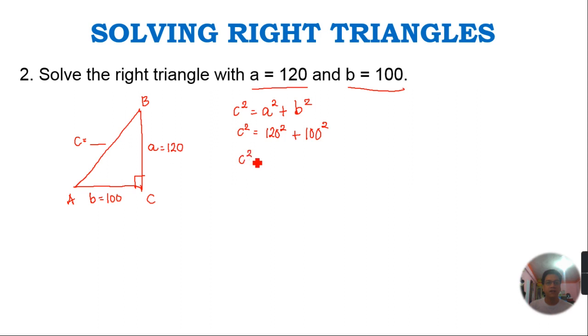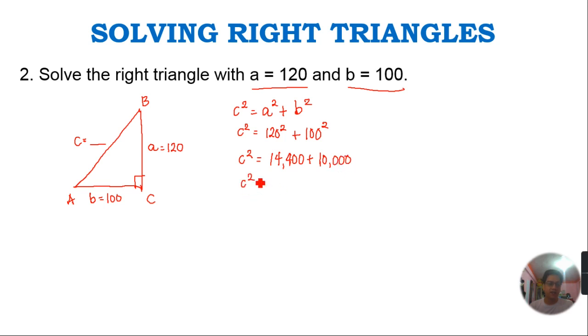So C squared here will be equal to the square of 120 using our calculator. So 120 times 120, that is equal to 14,400. Okay? So plus 100 squared is 10,000. Okay? And then we add.